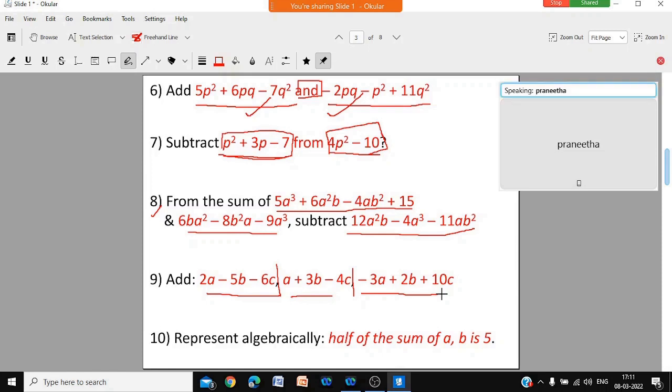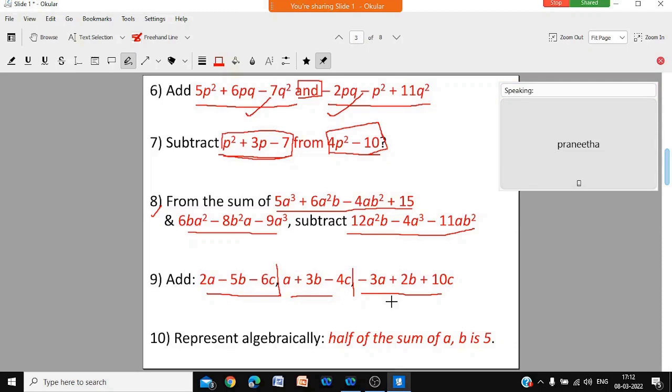So add these three quantities: 2a minus 5b minus 6c, a plus 3b minus 4c, minus 3a plus 2b plus 10c.